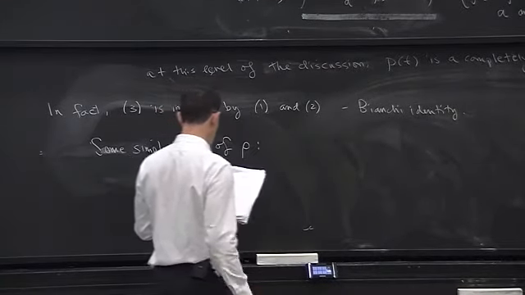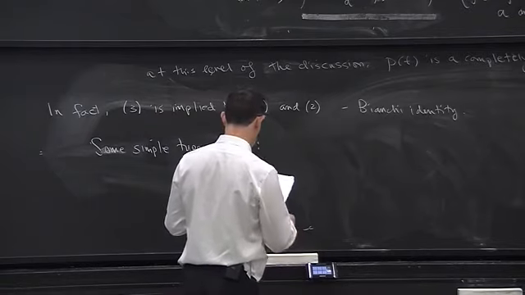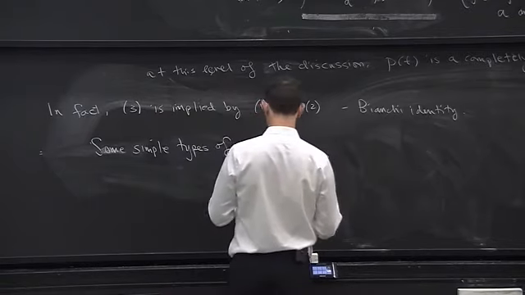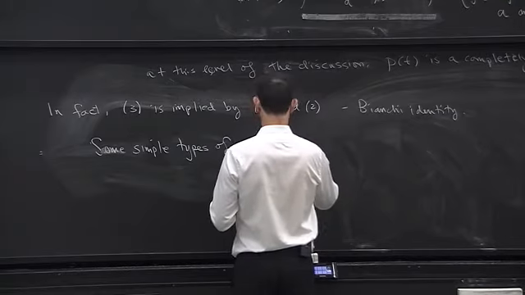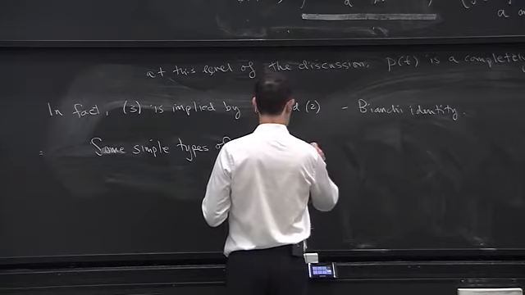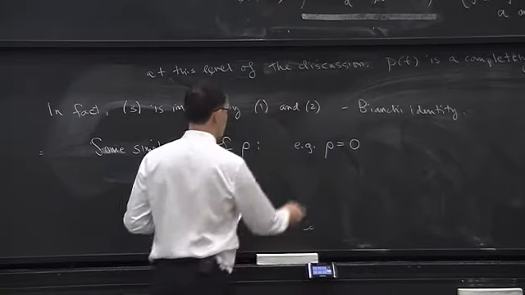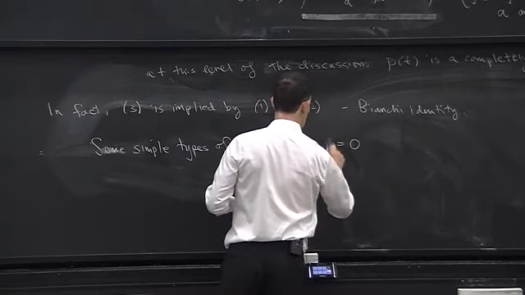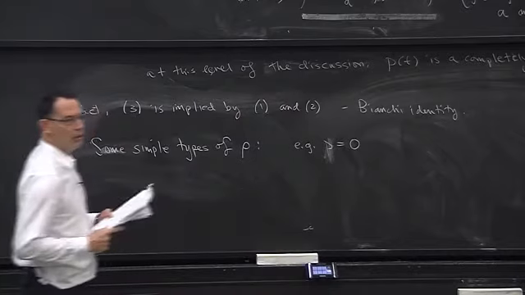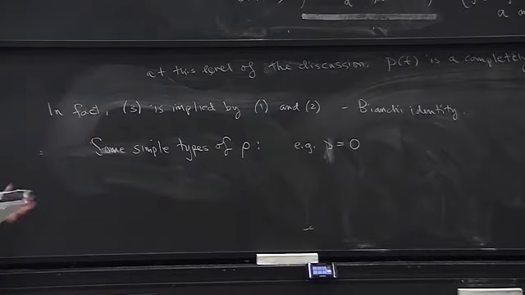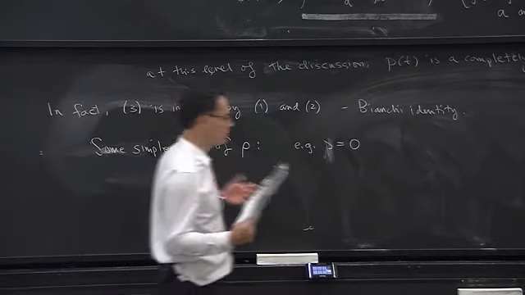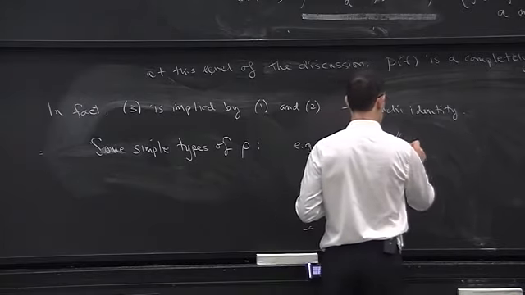Okay, so the simplest possibility is, for example, P equals 0. So P equals 0 is a form of matter with no pressure at all. This is often called dust.